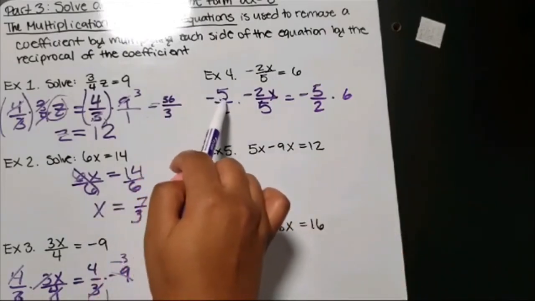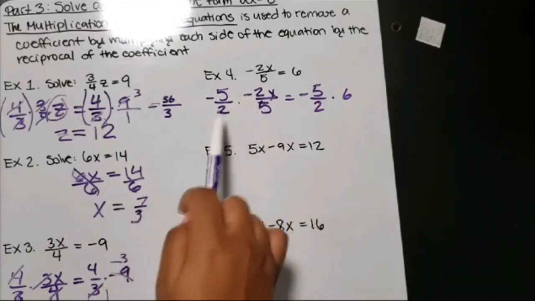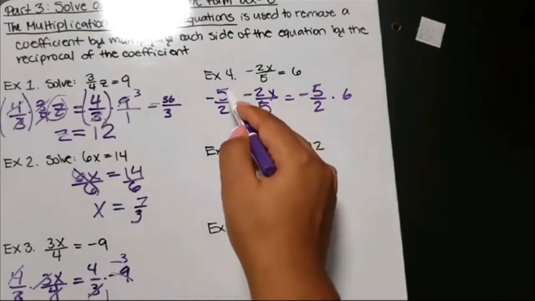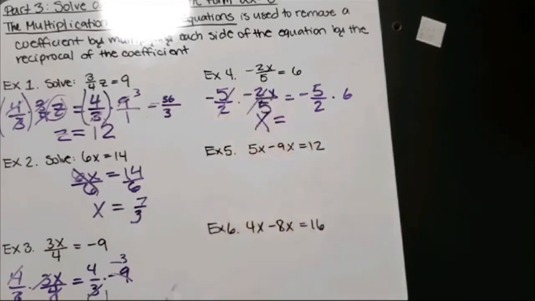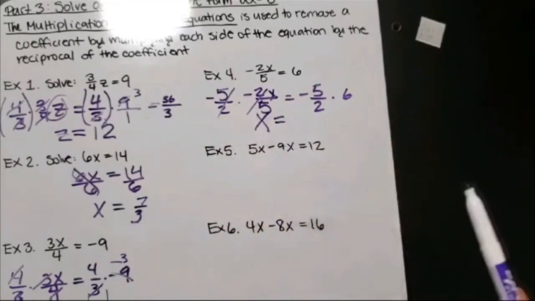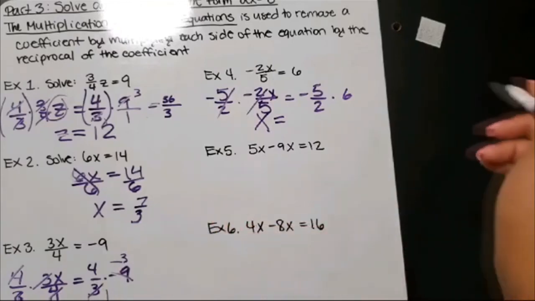So -5 times -2 is +10. 2 times 5 is 10. So 10 over 10 is 1. So we have just x left on this side, which is what we wanted. If in your attempt to cancel something out and in your calculations you still have something, that means you need to go back and recalculate.